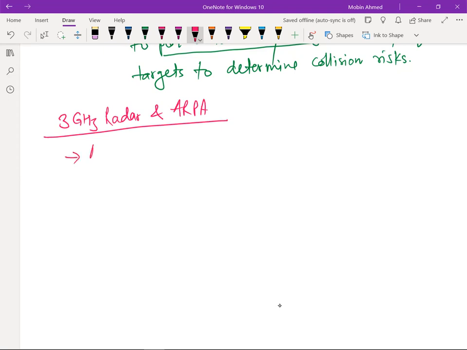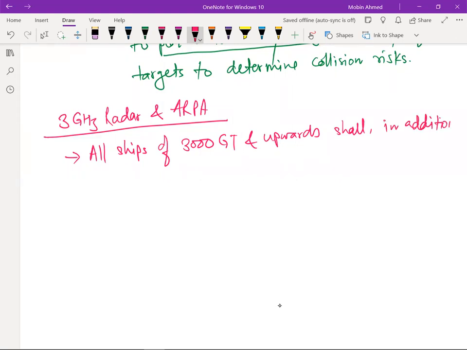Now it is saying that all ships of 3000 GT and upwards shall, in addition, and again it says in addition, meaning whatever is already there, have a 3 gigahertz radar or a second 9 gigahertz radar.